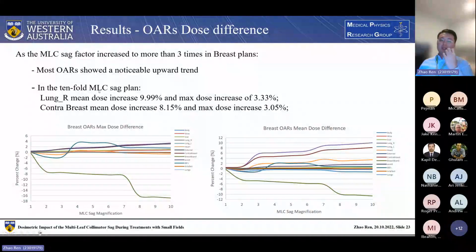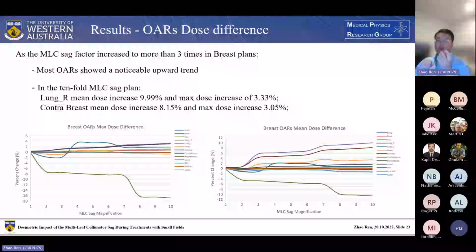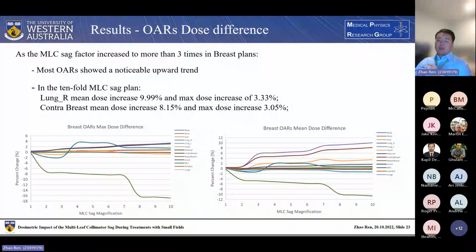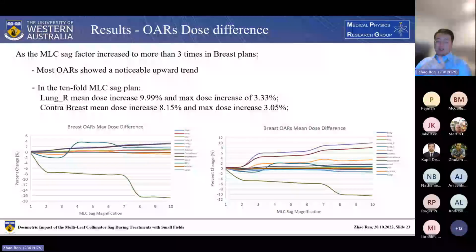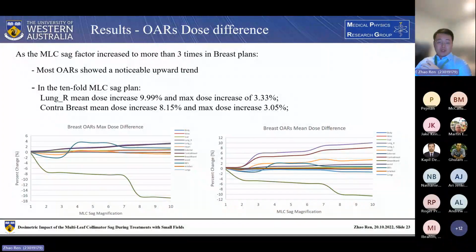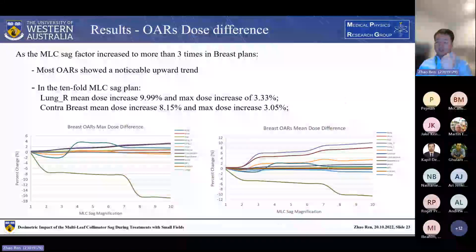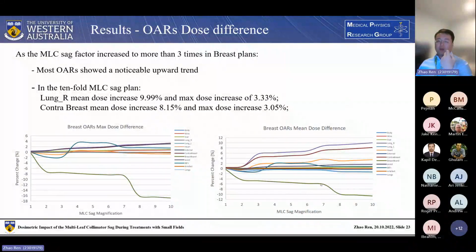In the 10-fold MLC sag plans, the most significant change is the right side lung OAR mean dose increase of about 10%, and max dose increase of about 3%. In the contra breast OAR region, the mean dose increases about 8% and max dose about 3.5%. But there's also a very significant decrease, as shown in the area.